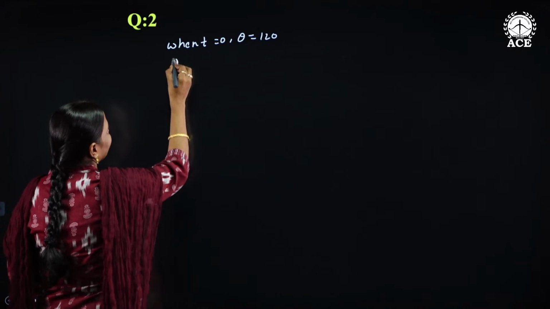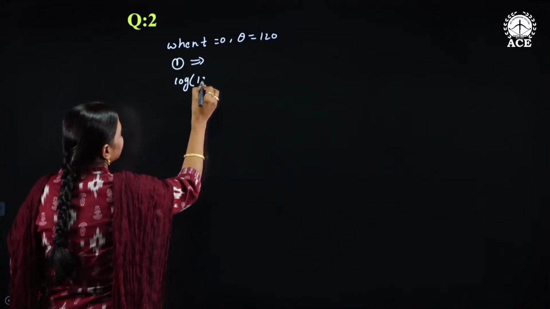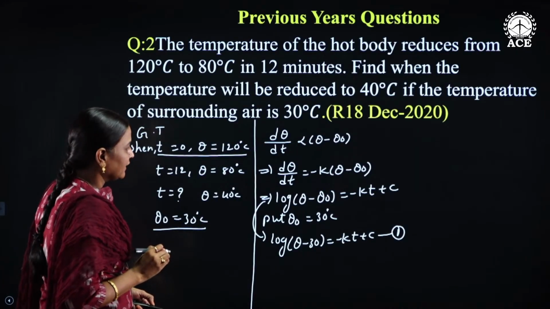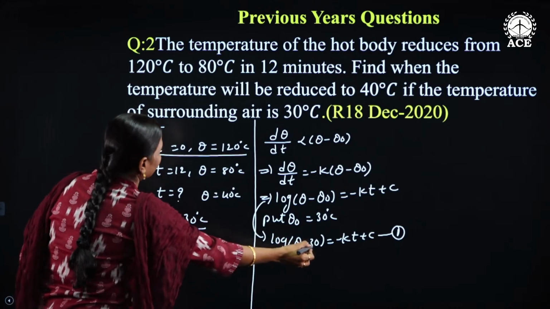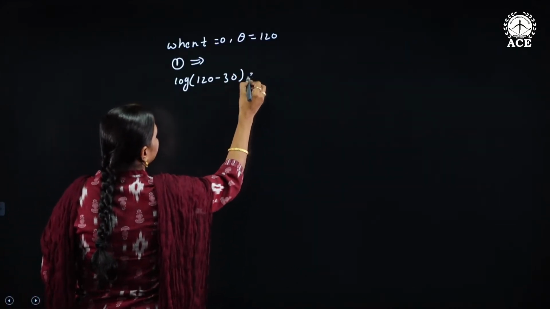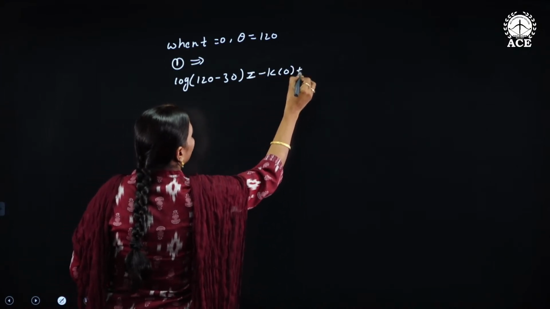So now how to write equation 1? Equation 1 can be written as log of (120 minus theta naught), theta naught is equal to 30. So that means log of (120 minus 30) is equal to minus k into 0 plus c.